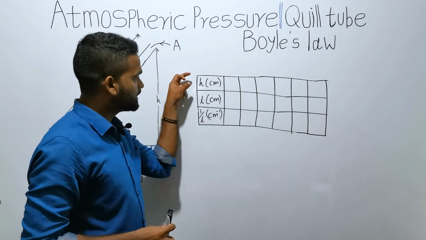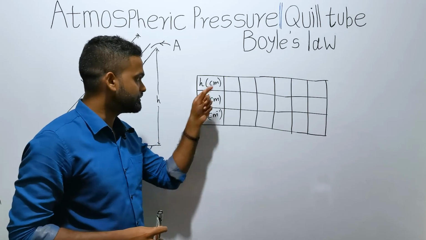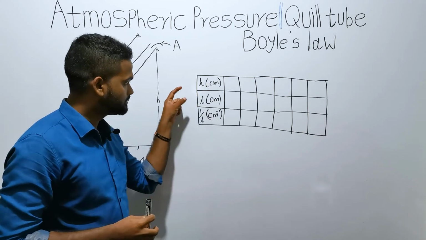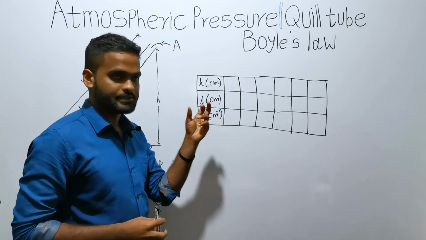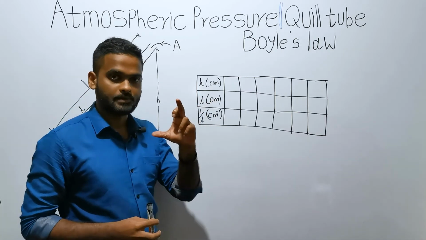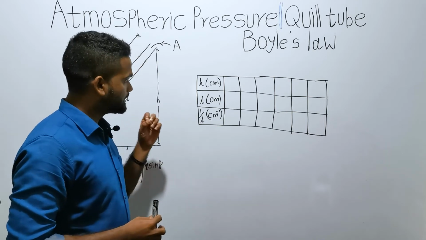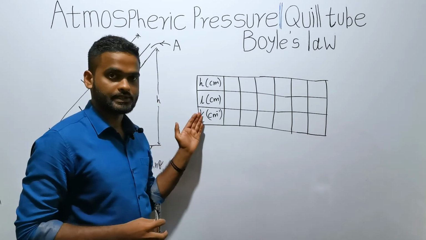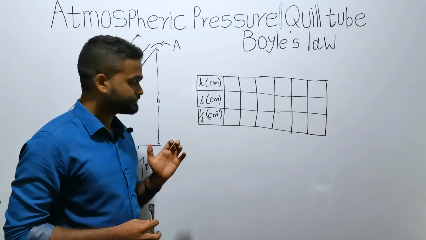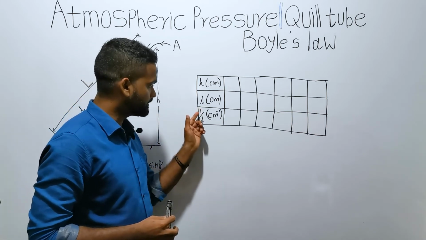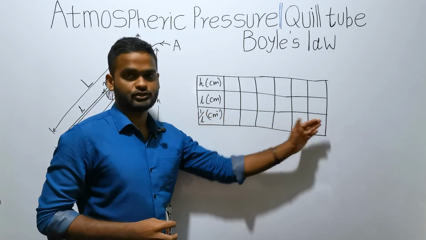So the top row has values for the height measurements in centimeters, and the next row has values for symbol L, that is the length of trapped air column in centimeters, and this final row contains 1 over L values. So you can calculate 1 over L values and insert them in this last row.